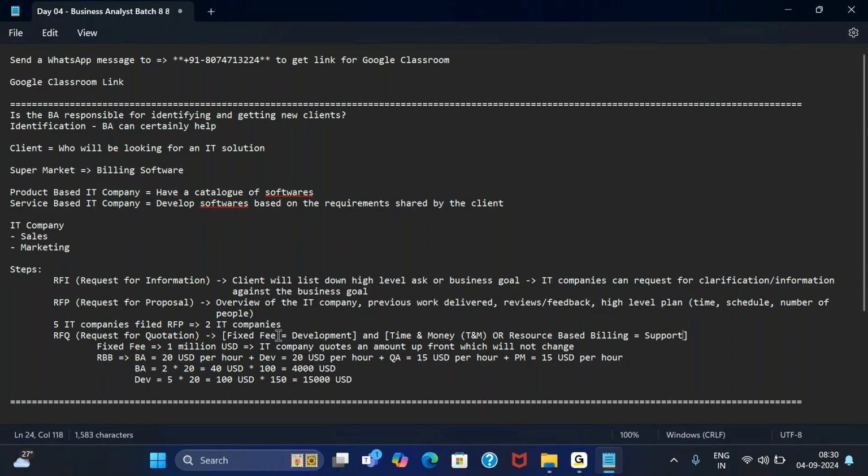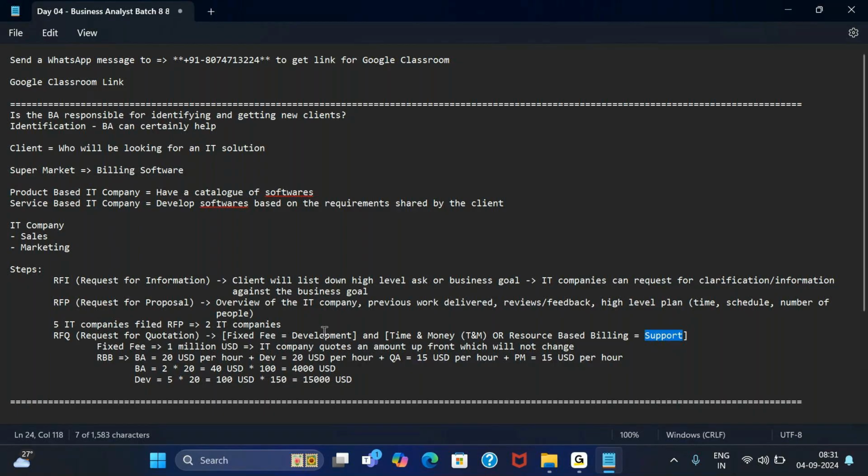Because in support projects you don't know when the work will come. Maybe today you will get 10 tickets, tomorrow you may get 0 tickets. So today you have work, tomorrow you may not have work. So in support related projects, the client usually doesn't want to give a fixed fee, because they understand that the work may or may not be there.